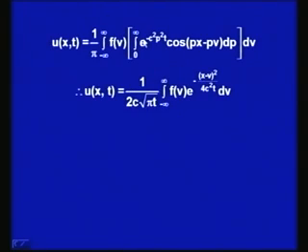We get 1 upon 2c square root pi t, because 1 upon pi is there and we have square root pi upstairs. So, square root pi divided by pi would be 1 upon square root pi, that is the constant, and since this is a constant, we can take it outside the integral sign. Then f(v), and we have e to the power minus (x minus v) whole square upon 4 c square t dv. This integral is with respect to v.